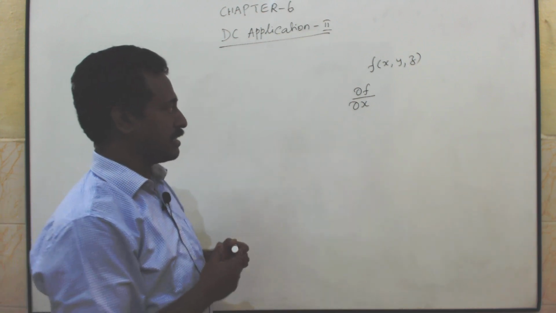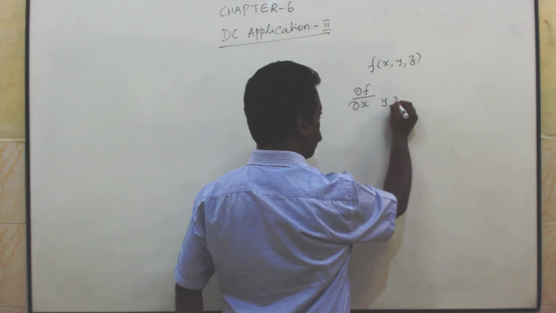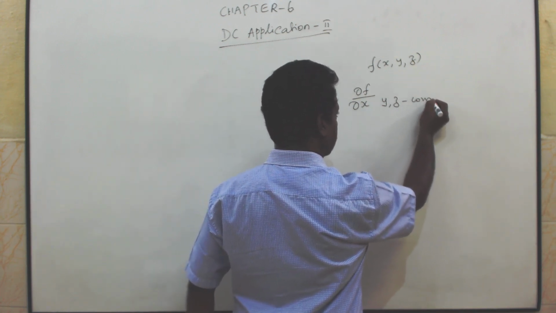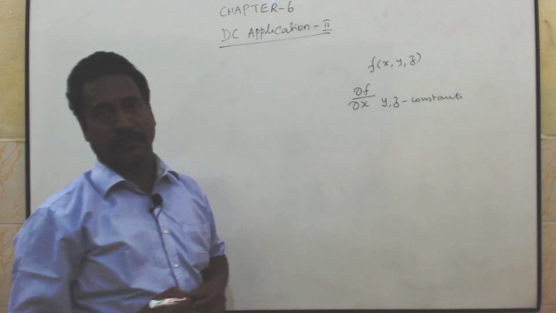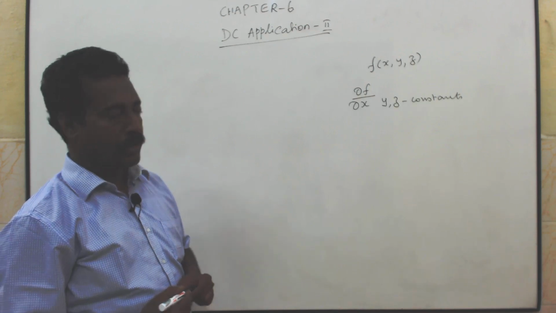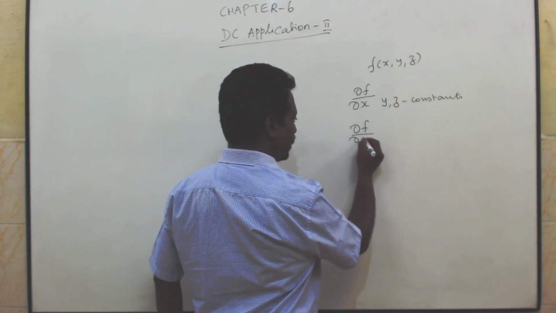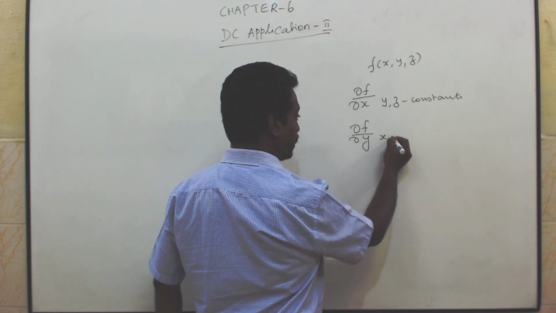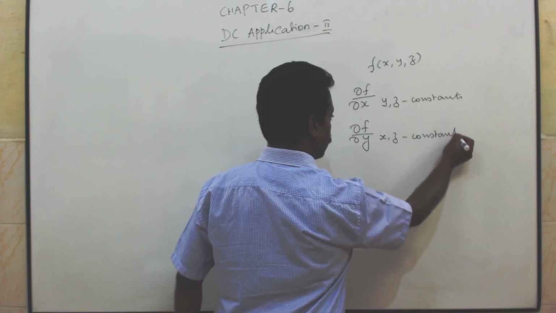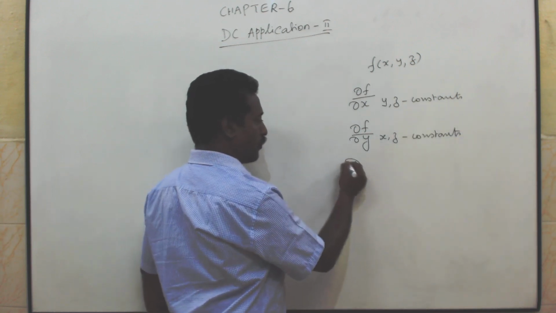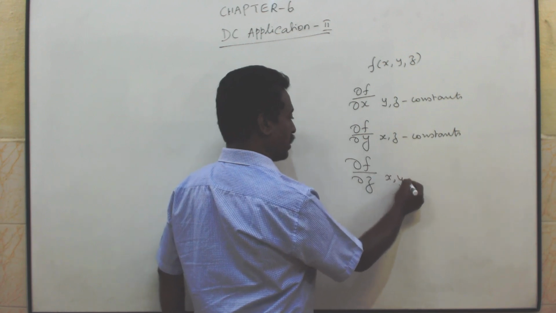This is partial differentiation. When we differentiate with respect to x, y and z are constant. Y and z should be thought of as constants, consider them like numbers. Dou f by dou y, when we differentiate with respect to y, x and z are constant. Dou f by dou z, x and y are constant.